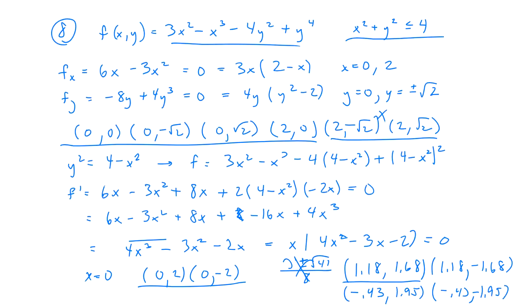And then you would plug, so these 4 points. This is only one new one, but these points from up here, these points here, plug them all into the function.